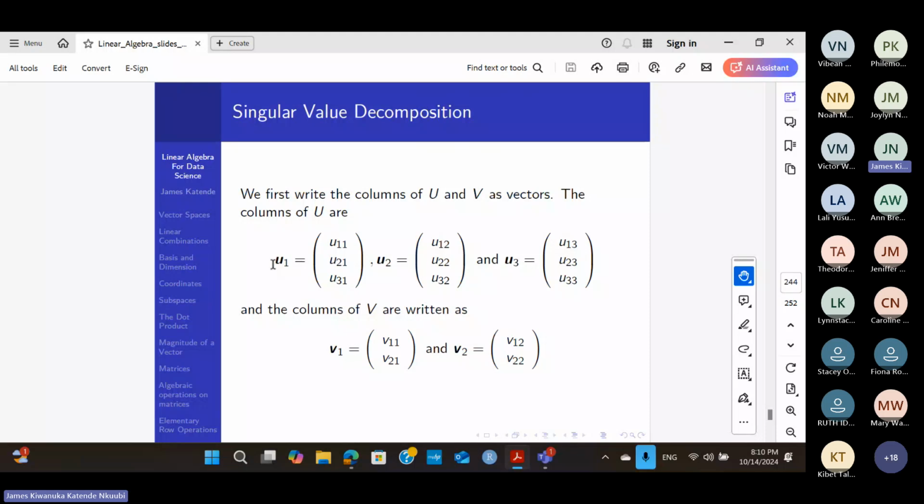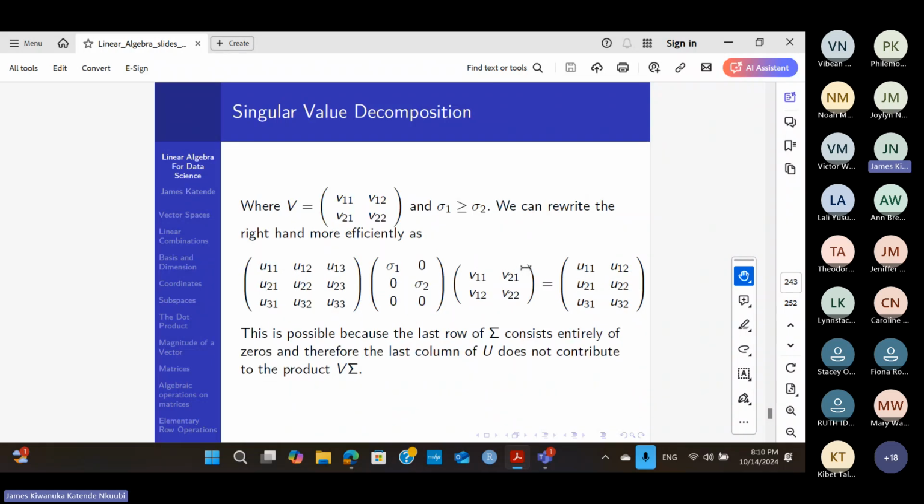But if you can hear me now, I think that's perfect. So what is happening here? These U1, U2, and U3 are simply the vectors that make up the columns of the matrix U. So we just pull them out as vectors.